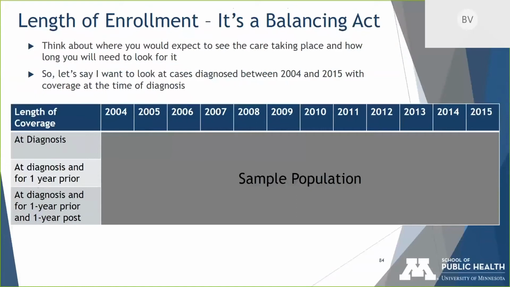You get a really nice wide sample. You'll have representation across all your years, and because you're only requiring coverage at the time of diagnosis, you're going to have individuals that may or may not be covered before, and individuals that may or may not be covered after. So you have this nice big population, but you're limited in your ability to look forward and backwards.